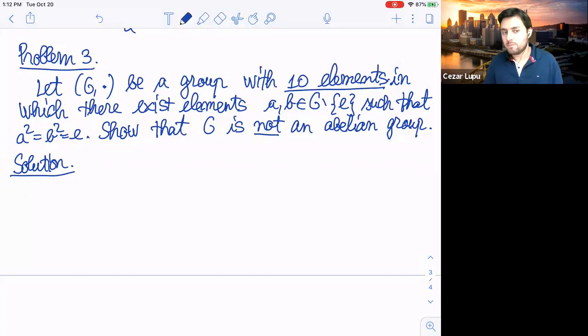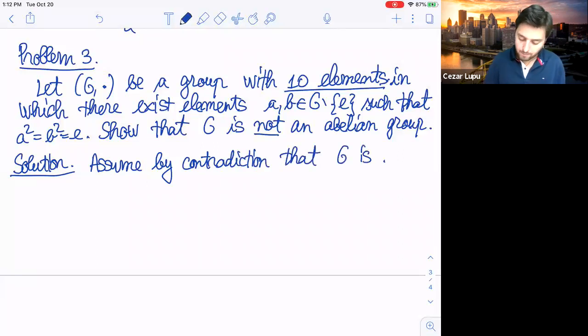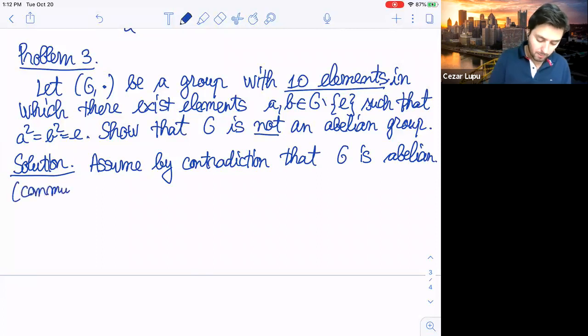Maybe assume by contradiction that G is abelian. When I say abelian, this is commutative. So any 2 elements you pick, they commute.